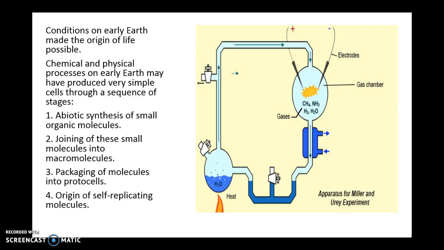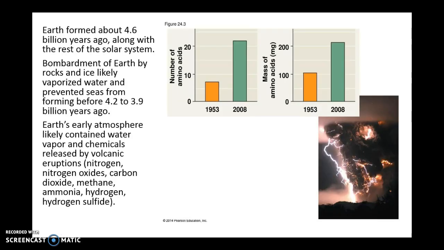In his experiments, he experimented with various other doctors, but Dr. Miller is the gentleman who, in the lab, took the basic gases that were available at that time in the formation of Earth, put them together in a chamber with a little bit of electric current, which they believe came from all the thunderstorms that were happening at that time, and produced around those electrodes these amino acids, these organic molecules.